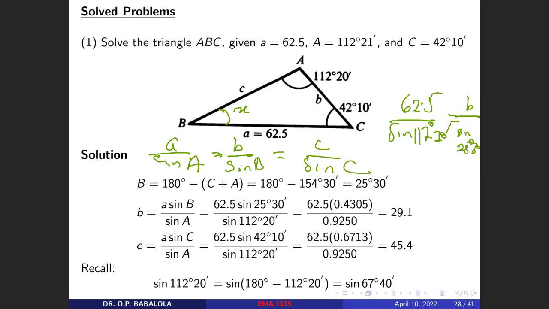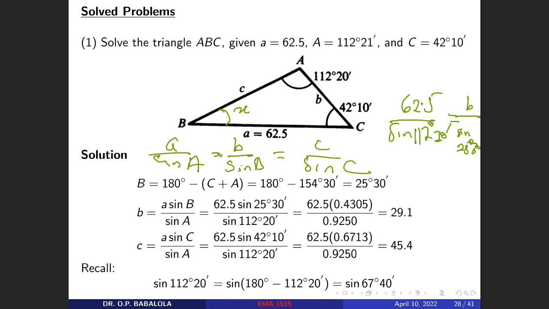Now, by the time you solve for this, substitute, do a cross multiplication, B will be equal to 62.5 times sine 25 degrees 30 seconds divided by sine 112 degrees 20 seconds.